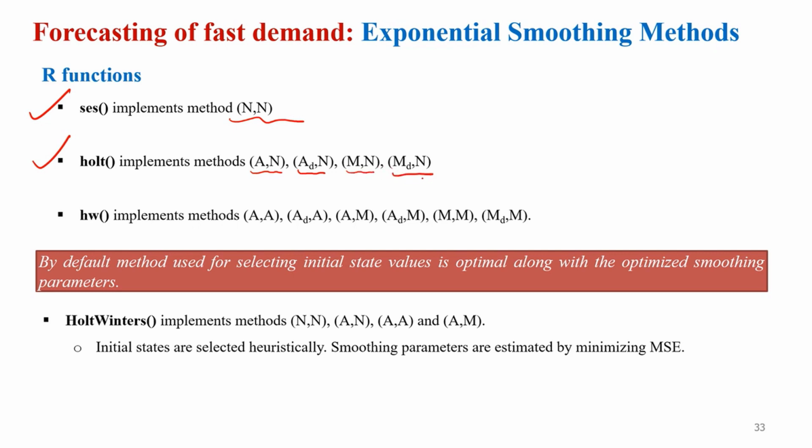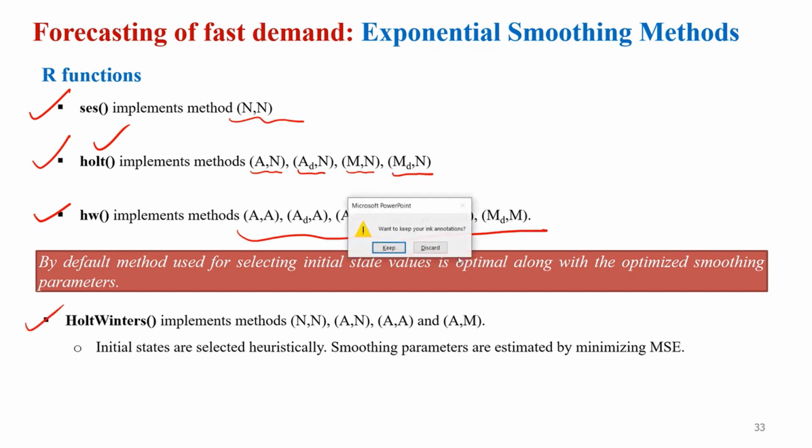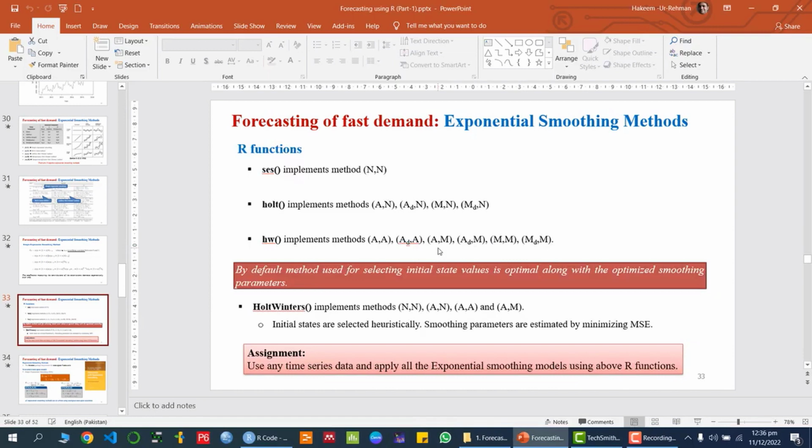Okay, so these are the methods that can be applied by using the Holt function. And in order to apply these methods, we can use this particular function. Similarly, we can use the Holt-Winters function. So let's see how we can apply these exponential smoothing methods using R.